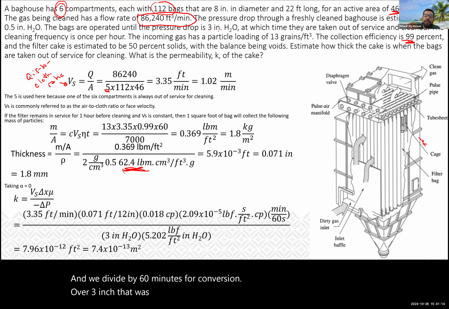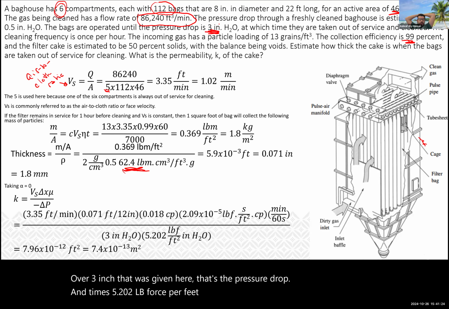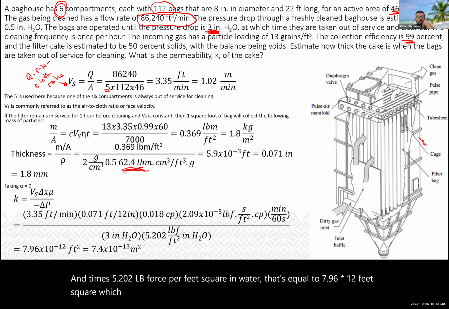That's the pressure drop. And times 5.202 pound force per feet square in water. That's equal to 7.96 times 10 to the power negative 12 feet square, which is also equal to 7.4 times 10 to the power negative 13 meters square.